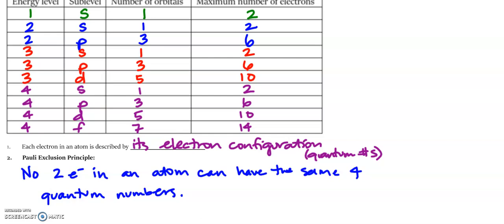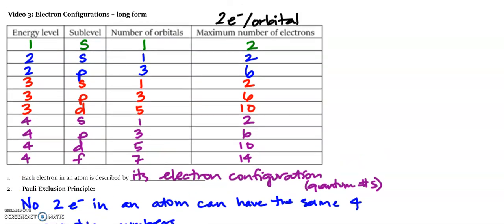All right, so if we're going to write electron configurations, we have to put all these energy levels and their sublevels in order. And the order is what we call the Aufbau rule. So Aufbau means diagonal.